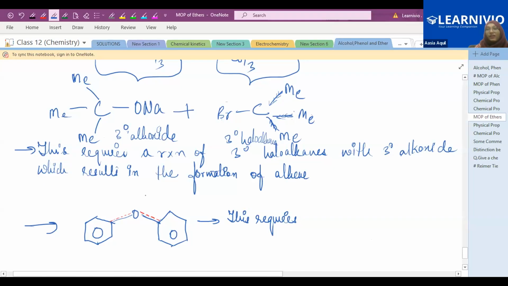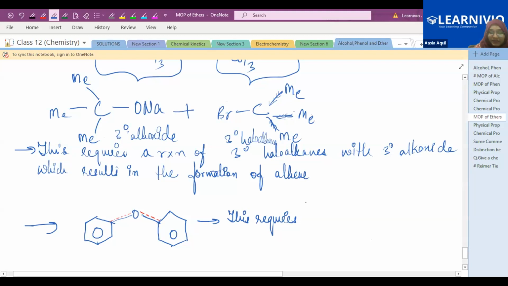And you know very well, what is Williamson ether synthesis? It proceeds via a nucleophilic substitution reaction. And haloarenes don't show nucleophilic substitution reaction. Haloarenes don't show nucleophilic substitution reaction. So that's why you can't prepare this product using Williamson ether synthesis.